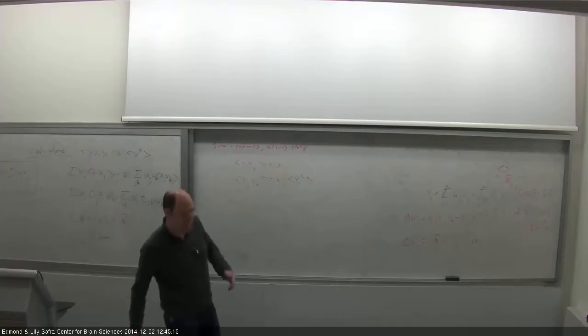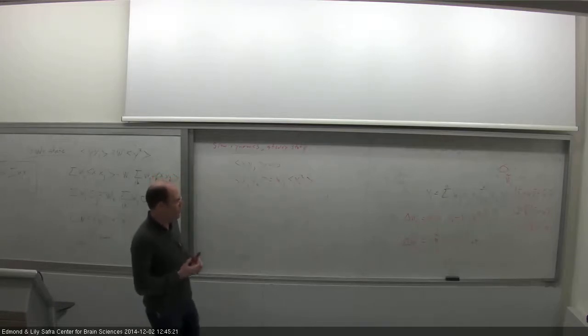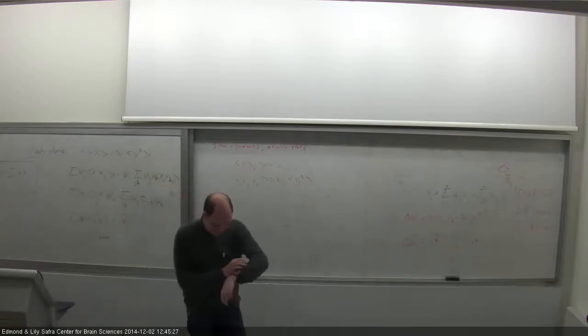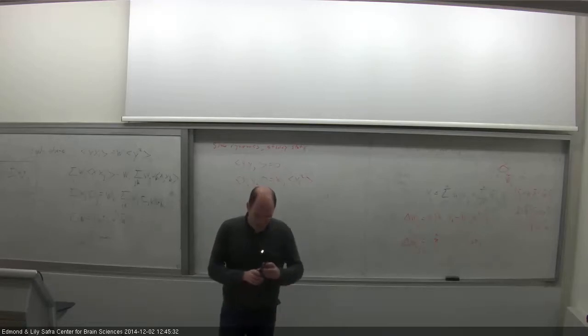But I just wanted to mention the idea that you can construct, again, through some biologically plausible learning rules, you can imagine how a set of neurons learn to pick up the first M principal components of the input. Okay, let's take a break and start a new topic afterwards.